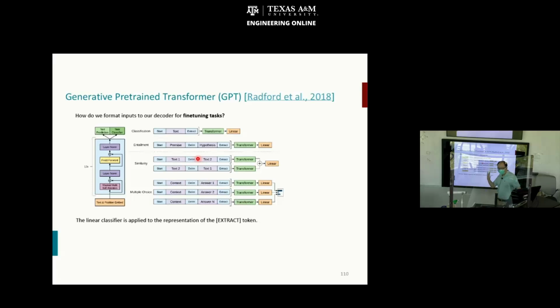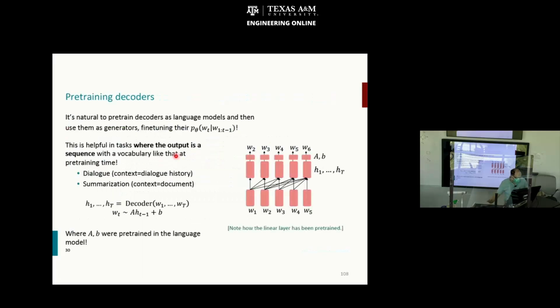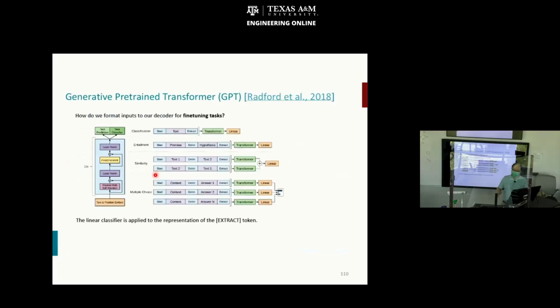But how do you change this dialogue context? That goes back to my question. I want to make sure that my architecture almost does not change between the pre-training and the fine-tuning.